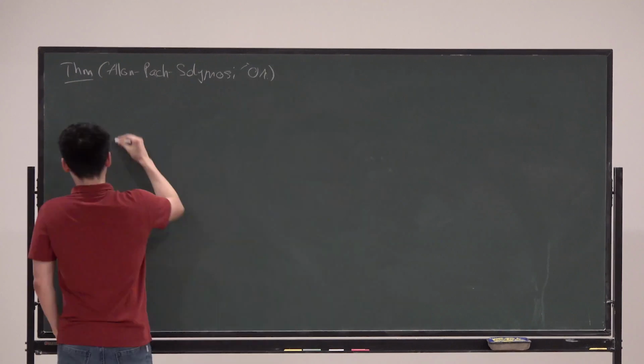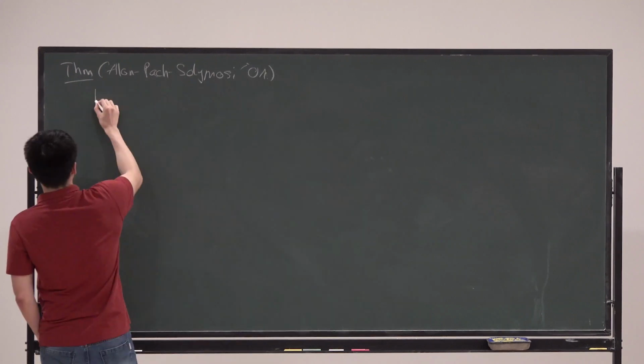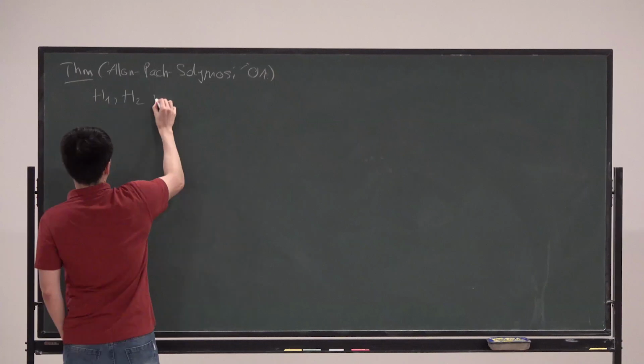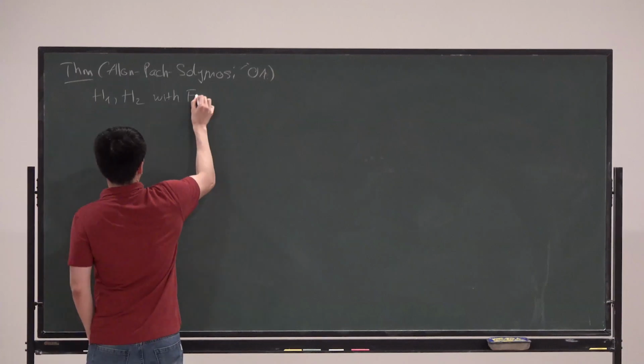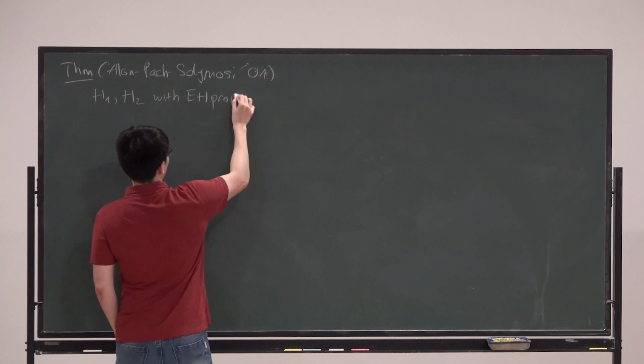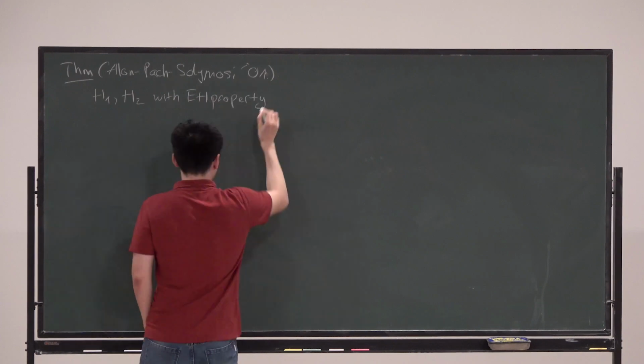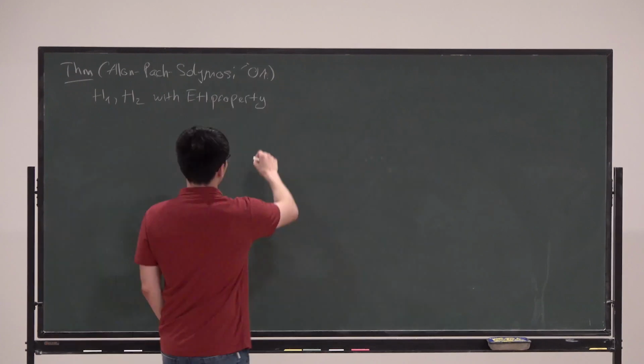Let's say now I have 2 graphs, H1 and H2, with the Erdős-Hajnal property, and I have a vertex V in H1.